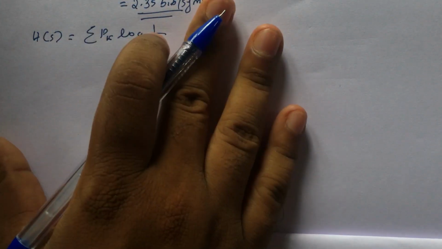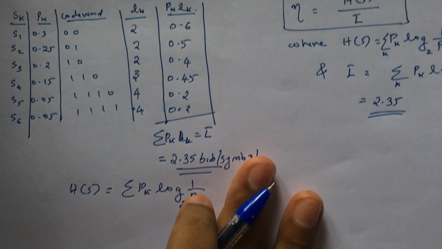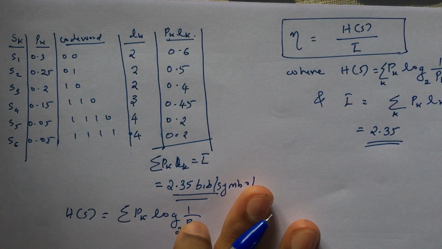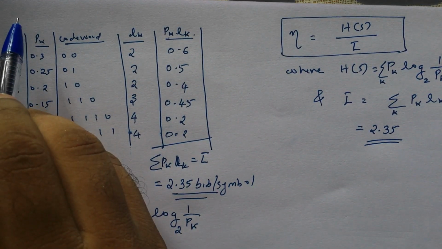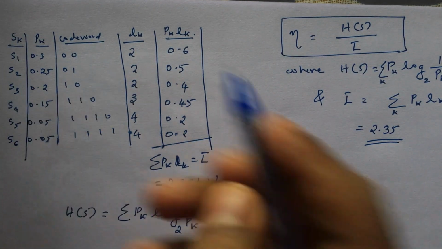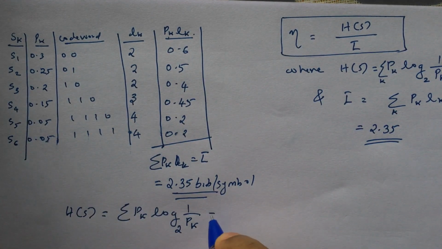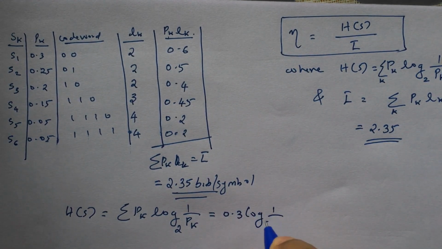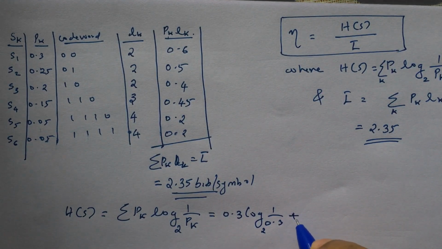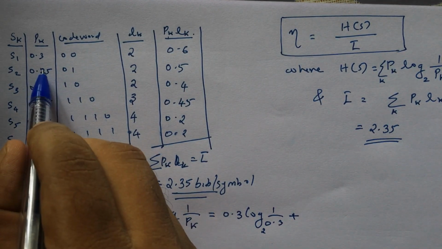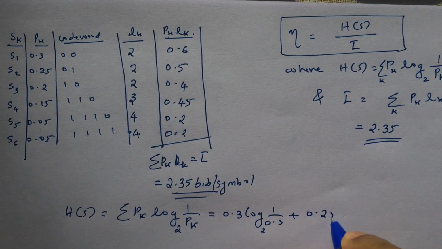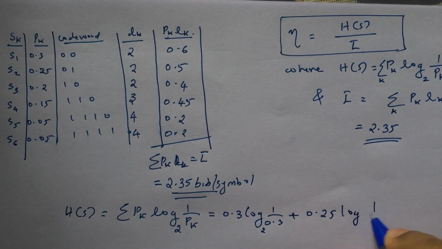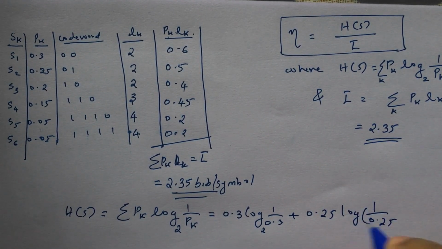Here the individual probabilities we have been given are 0.3, 0.3, 0.25, 0.2. So we can write this is equal to, first one, 0.3 log 1 by 0.3 logarithm base 2 plus next probability is 0.25, so it is 0.25 log 1 by 0.25 to the base 2.